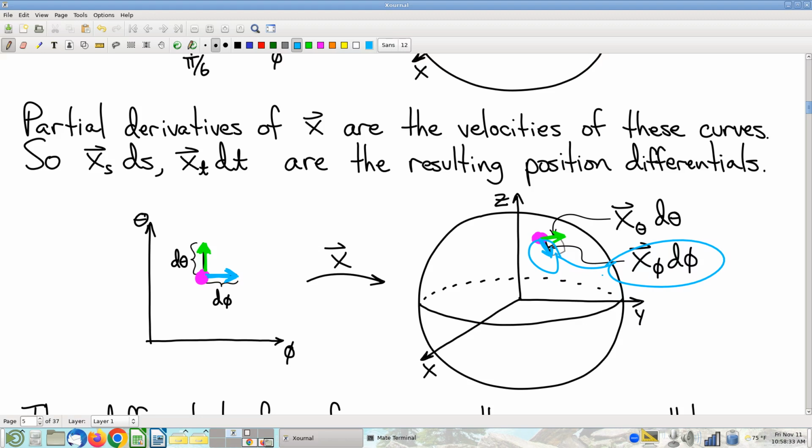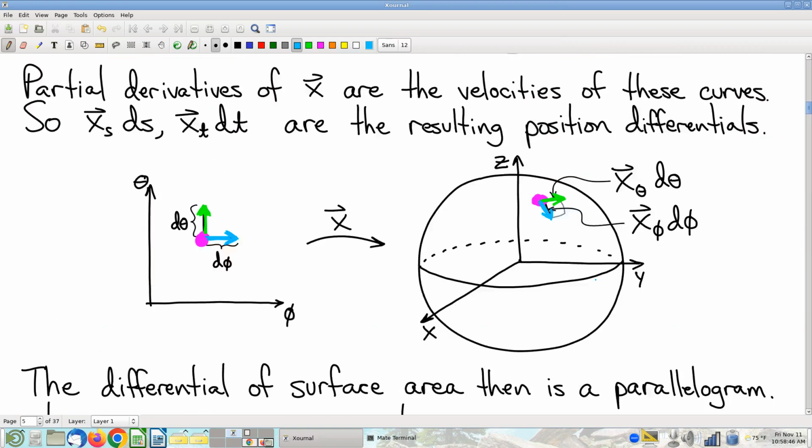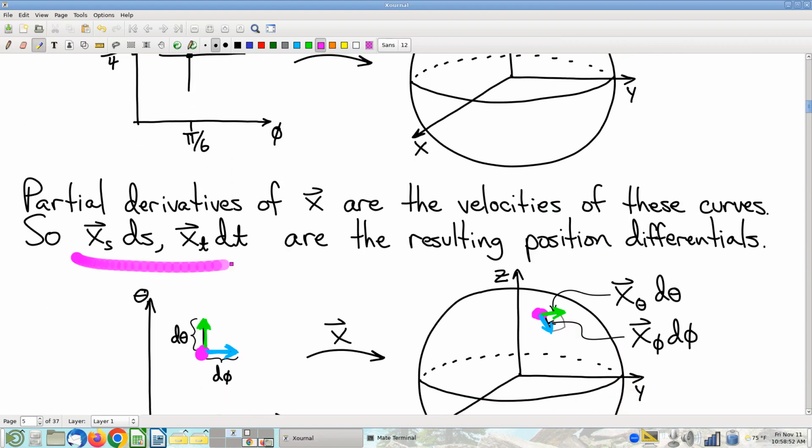So I like to start off with an actual, relatable, concrete example, and then just point out in general, if you're talking about not phi and theta, but about s and t, then these are the formulas for your position differentials: x_s ds, x_t dt.